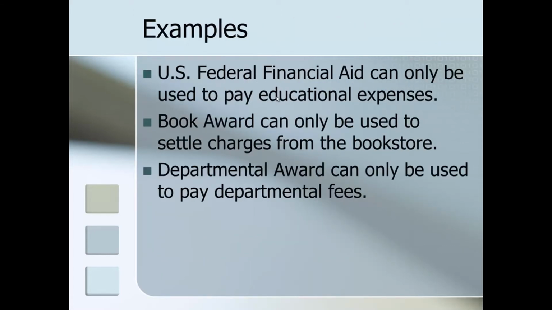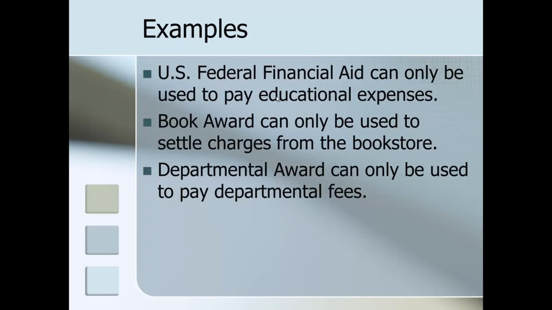So our examples of payment application, obviously I've mentioned it several times. US financial aid, you're only allowed to use that to pay educational expenses. So if a student gets a parking ticket, you may have $15,000 of US financial aid on the account, but you can't pay that parking ticket with it. And you can only pay tuition and certain other limited charges.